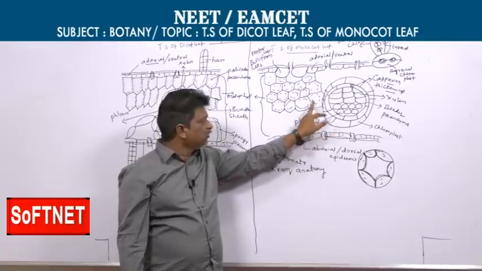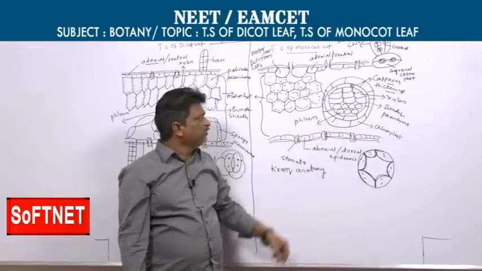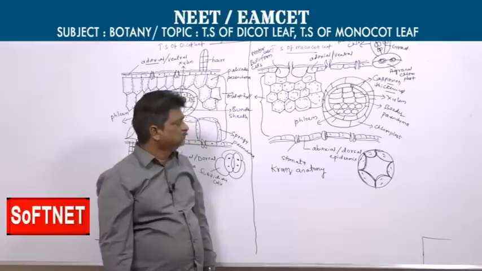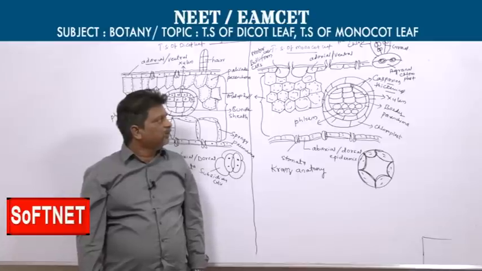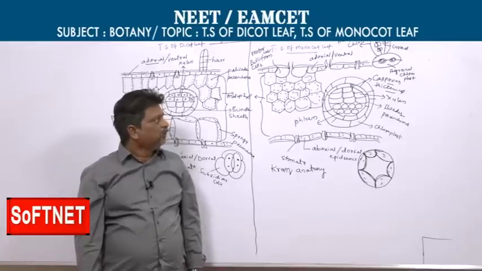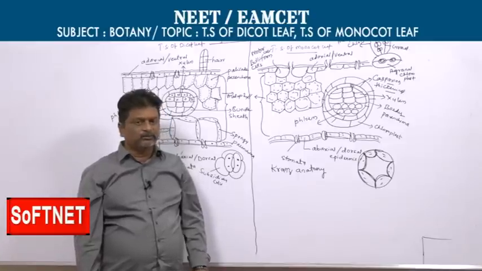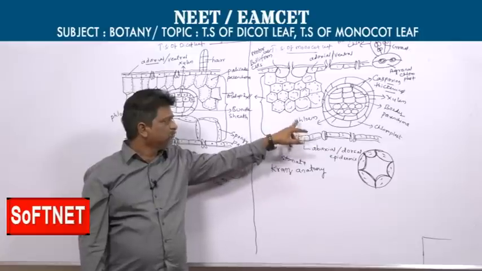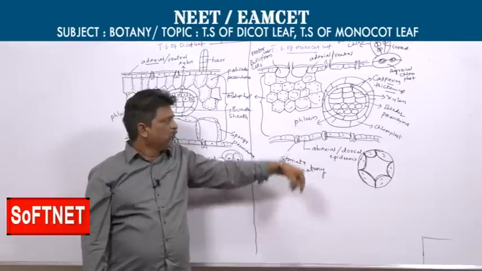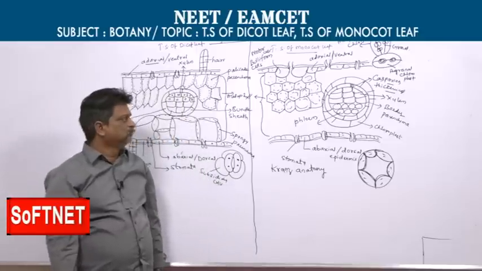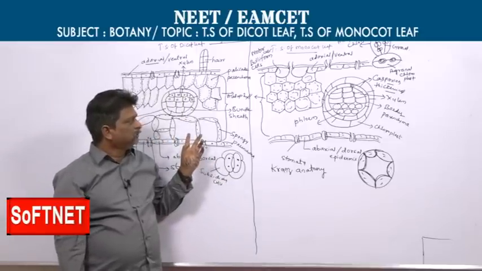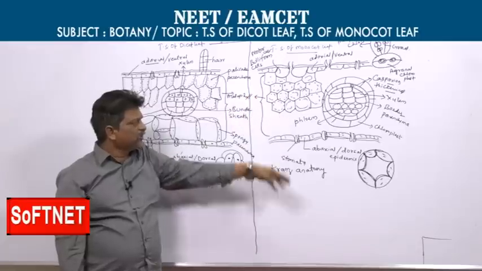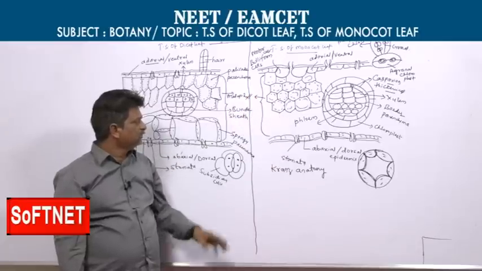Mesophyll chloroplasts are granal and bundle sheath chloroplasts are agranal. So chloroplast dimorphism is shown by most monocots, and this monocot shows Kranz anatomy, which involves bundle sheath cells.